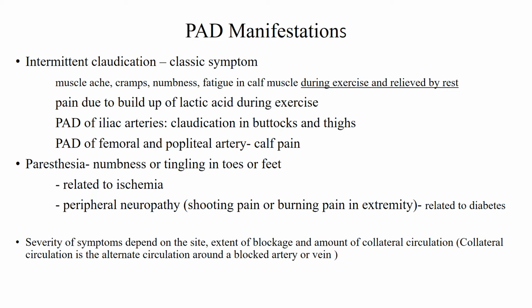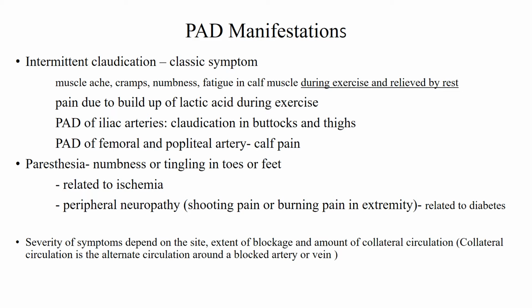Peripheral artery disease of the femoral and popliteal artery, the pain may be located at the back of the legs, or the patient may have calf pain. There is also paresthesias or numbness or tingling of the toes and the feet. And this is related to ischemia. There's peripheral neuropathy, which is shooting pain or burning pain in the extremity. And this is mostly experienced by patients who have diabetes.